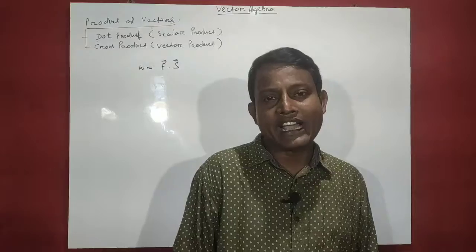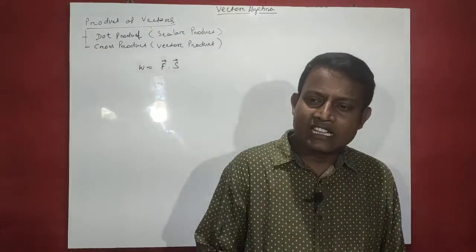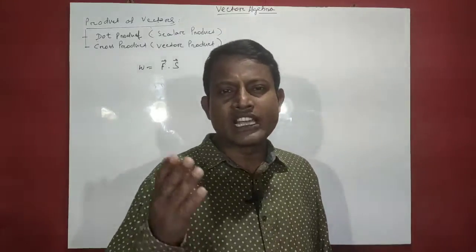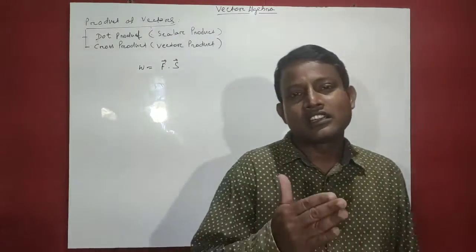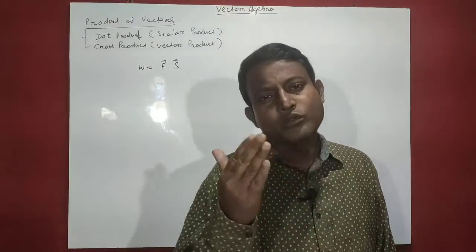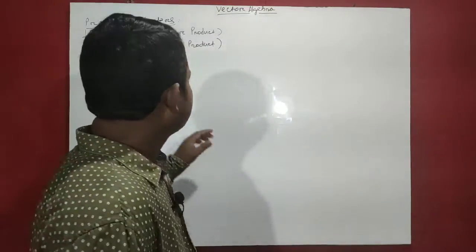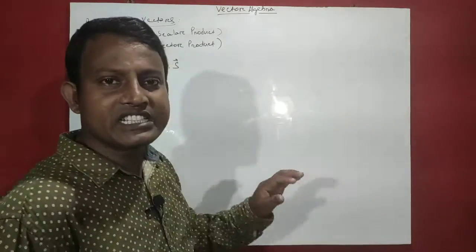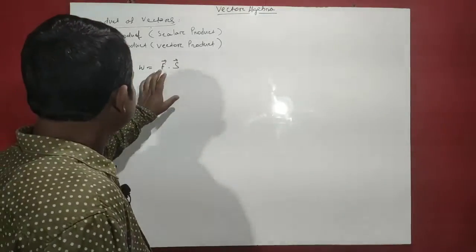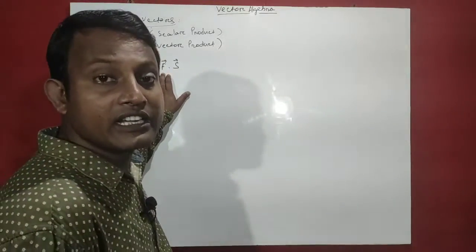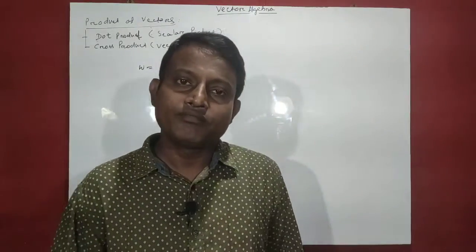Actually, guys, in physics there are some scalar quantities which are obtained by the product of two vectors. How? Example, work is a scalar quantity, but it is obtained by the product of force vector and the displacement vector.